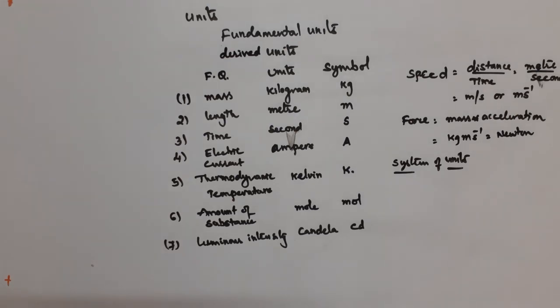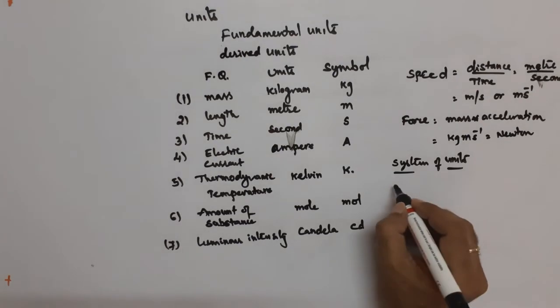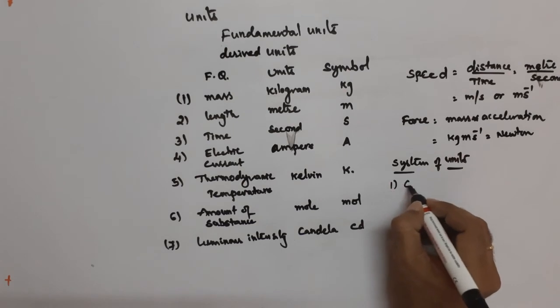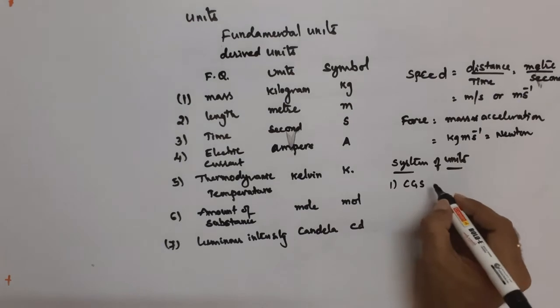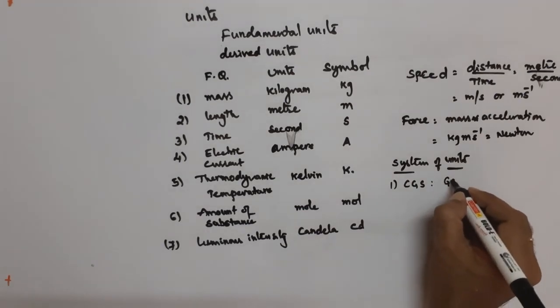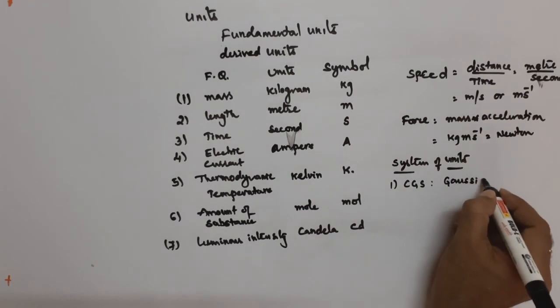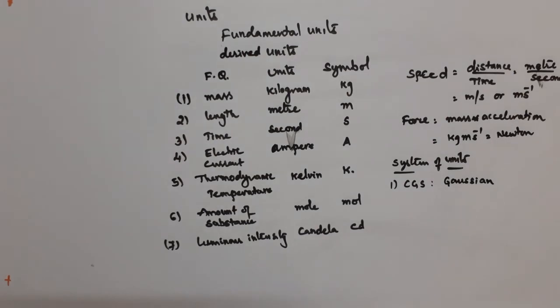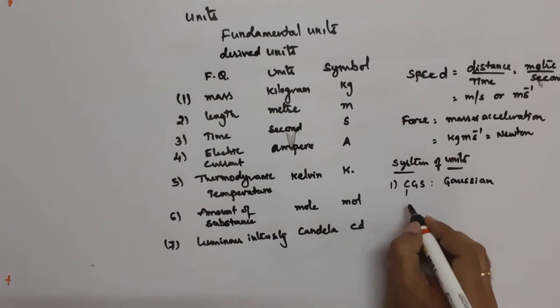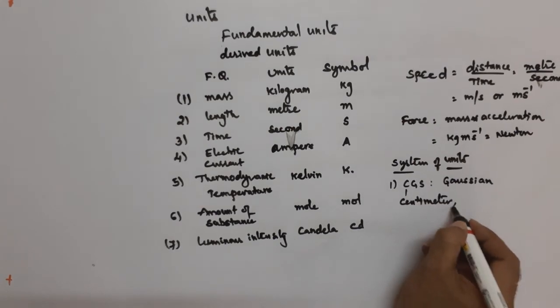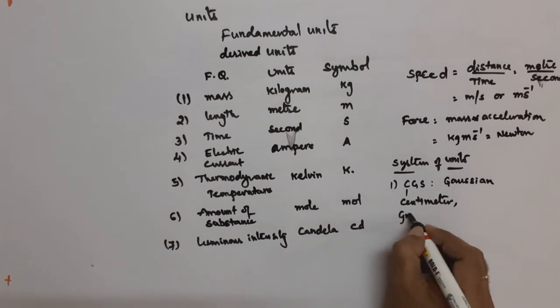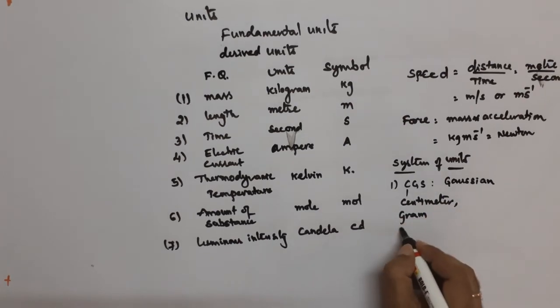There are different systems of units. The first one is CGS. This is also called the Gaussian system. In it, C is the centimeter, G is gram, S stands for second.